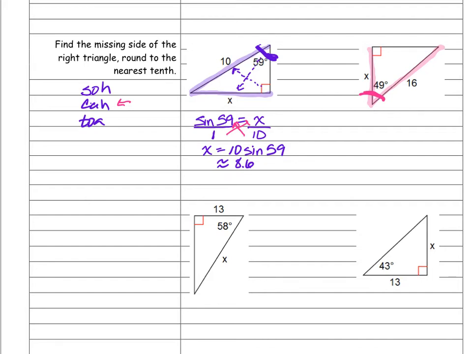So cosine of 49 equals adjacent, which is x, over my hypotenuse, which is 16. Change it into a fraction by putting a 1 underneath it. Cross multiply. So I've got x equals 16 cosine of 49. Put that into my calculator, and I'm going to get 10.5. Okay, not too bad so far.